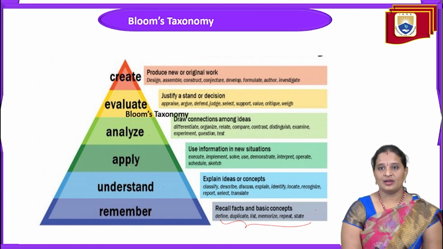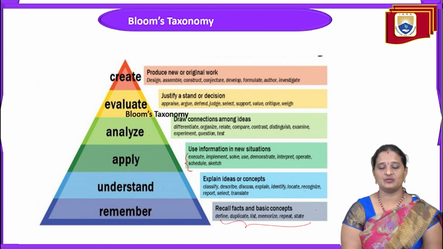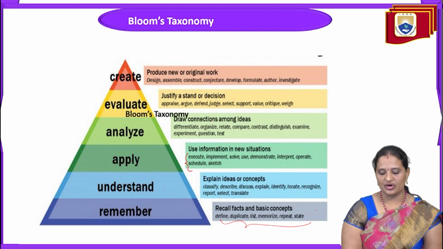Next, apply. After understanding, we can apply the knowledge. Use information in new situations, so we can apply it in order to find solutions for new problems. These are some examples of verbs that can be used under the apply level. Next, analyze. Draw connections among ideas.